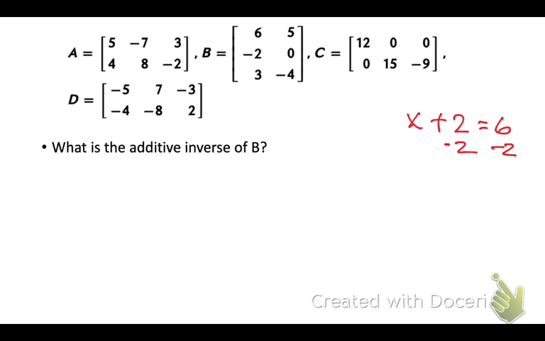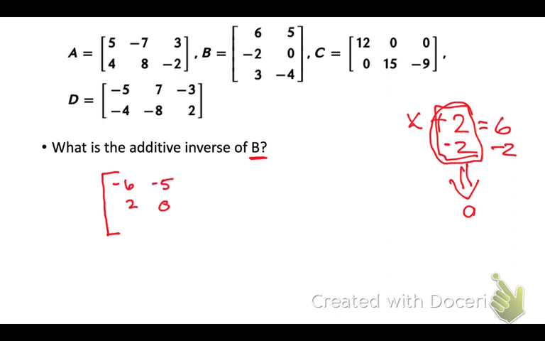So what do I get when I use the additive inverse? The negative. What is positive 2 minus 2? 0. So what would be the additive inverse to B? What would I use to get 0? Negative 6, negative 5, 0, 2, 0, 3 and 4.